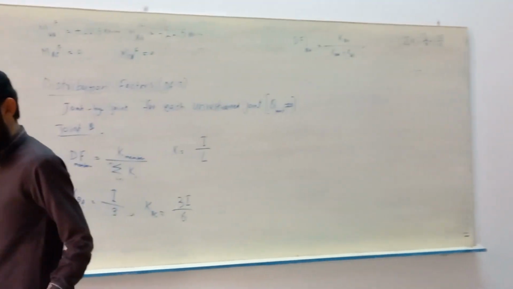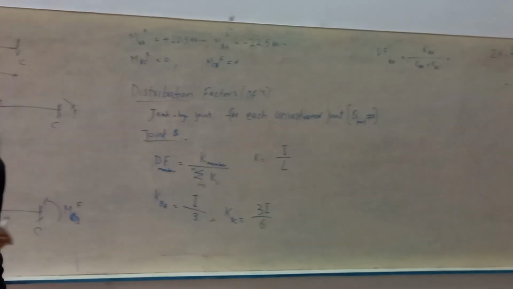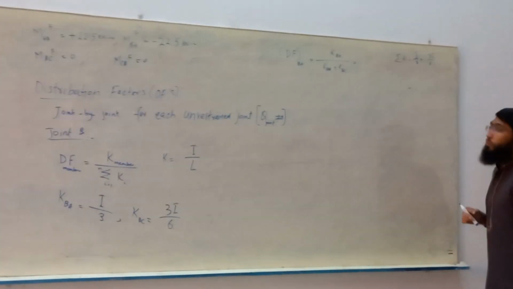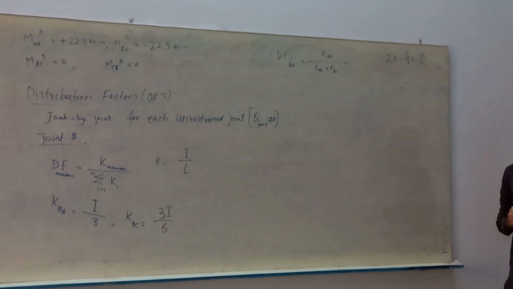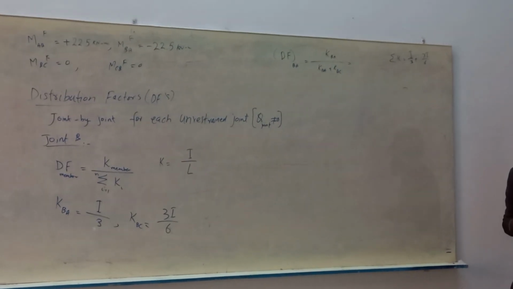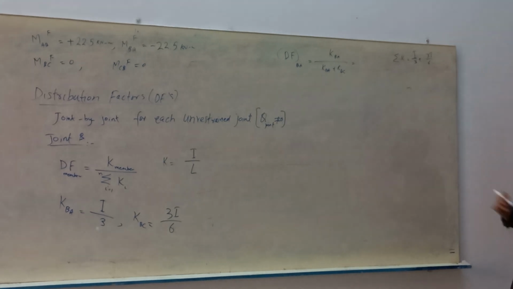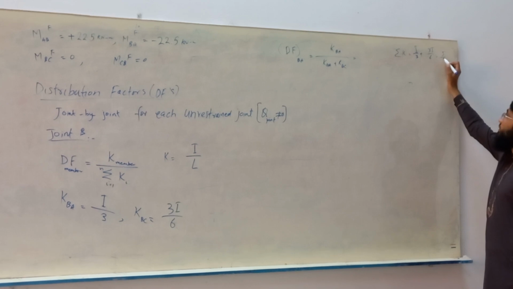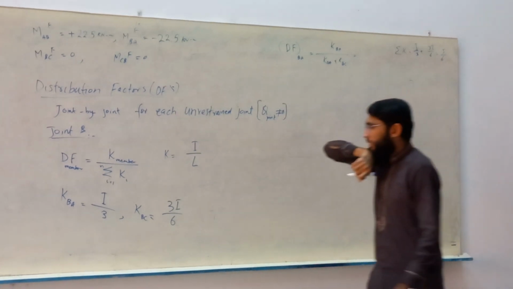What's the answer? 1 over 3 plus 1 over 2. What is the answer? 5 by 6? Yes. Okay, so 5 by 6.